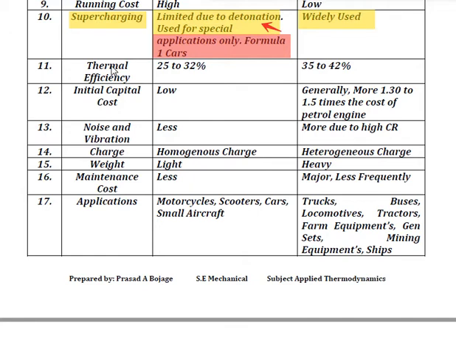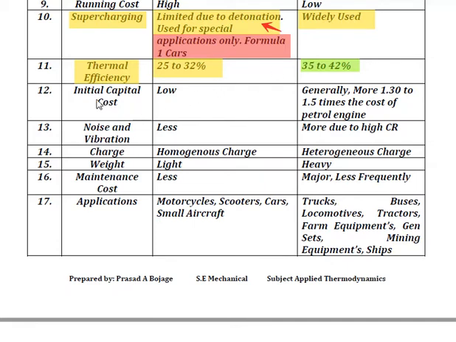The next point of comparison is thermal efficiency. As the compression ratio in a petrol engine is 7 to 11.5 to 1, the thermal efficiency is in the range of 25 to 32%. Whereas for a diesel engine, this range is between 35% to 42% thermal efficiency.